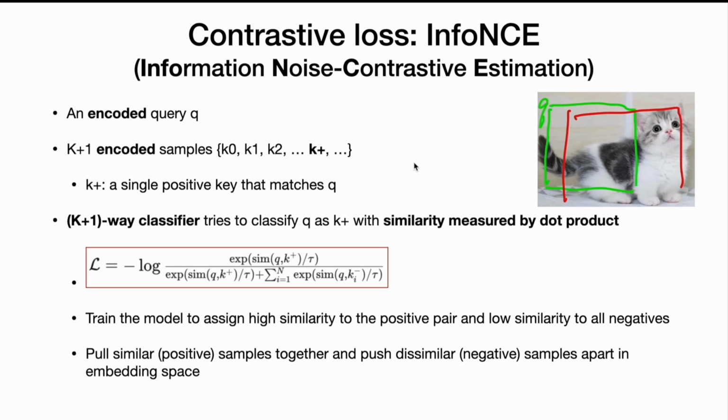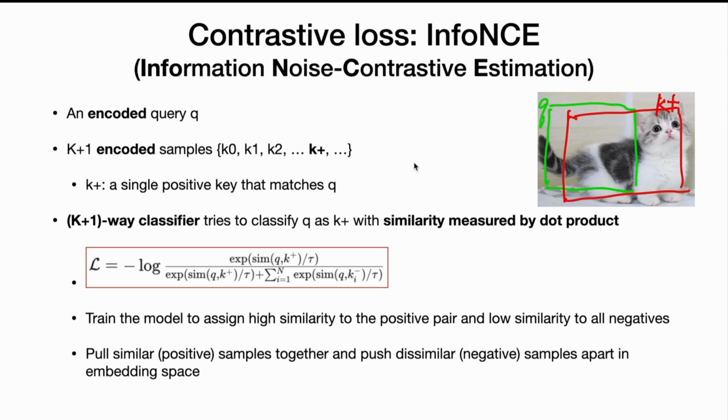This is a key. Because these are two versions of the same image, this key is a positive key with respect to this query. We know that these should be the same. We want to pull these two together.